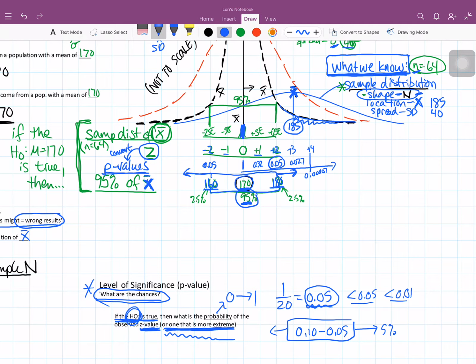The other thing that I wanted to mention really quickly about p-values is these were all two-tailed, everything that we've done up to this point. Now, it's possible to do a one-tailed t-test, and I want to show you what that looks like so that you understand what happens when we do a one-tailed t-test.